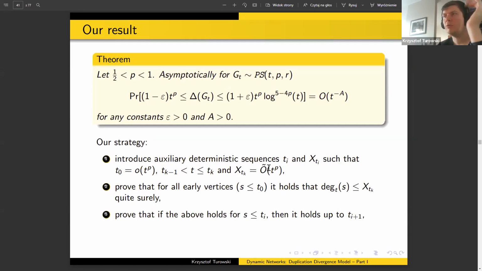And of course, whenever we have the proof for s less or equal to t0, we would like to inductively prove it for t1, t2, and so on up to tk.